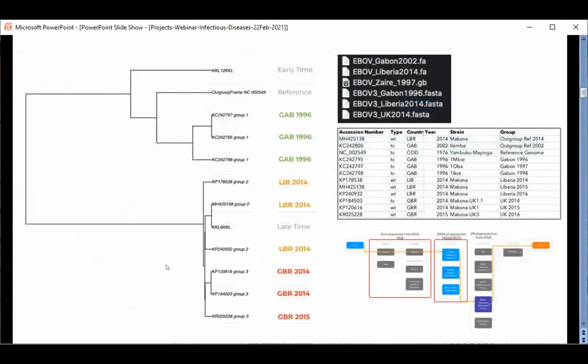So we used multiple sequence alignment and phylogenetic analysis to determine the evolutionary relationship between these genomes. So we have identified a group of samples and how they are related to its phenotype. The phenotype that we chose here in this case is its geographical location, that is the country from where it originated, like Gabon, Liberia, or UK.